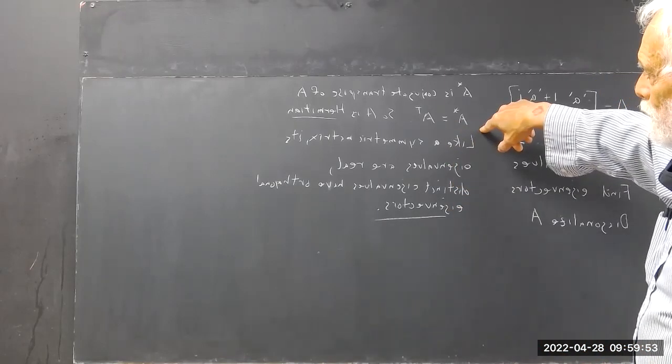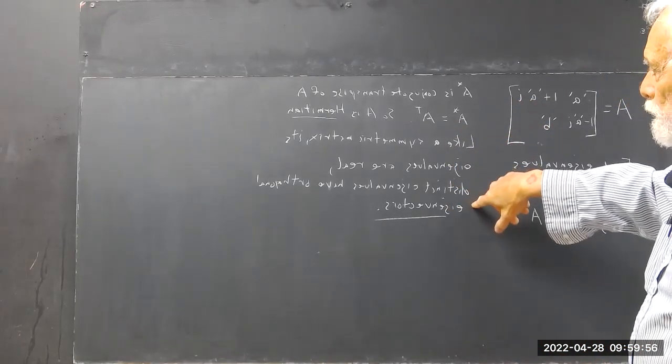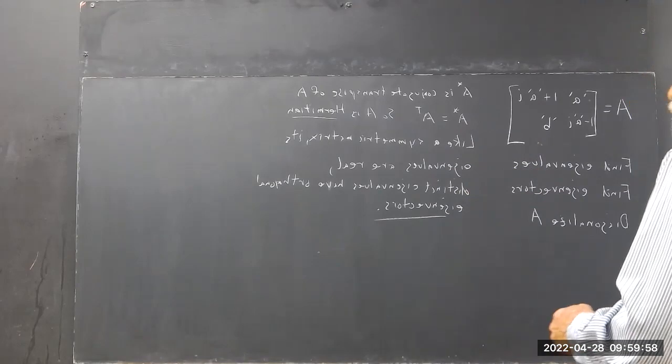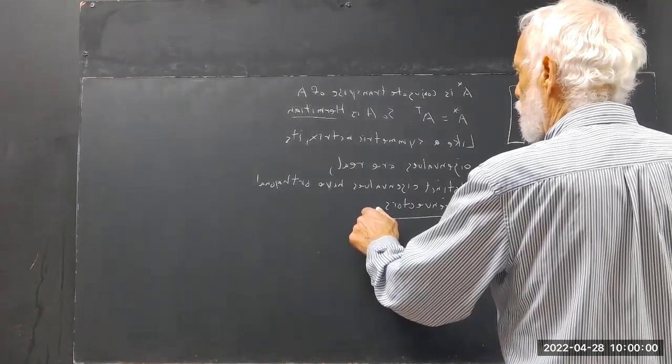So just like a symmetric matrix, the eigenvalues are real, and distinct eigenvalues have orthogonal eigenvectors.